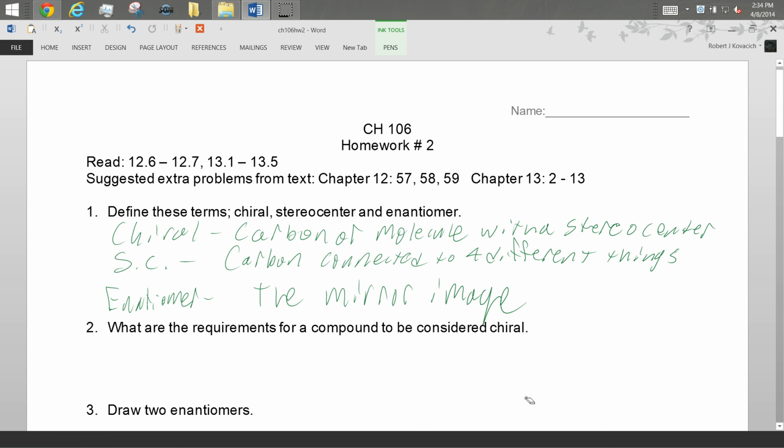So when a drug company goes to sell a drug and there's a stereocenter in the particular drug, what do they need to do? Make sure that it's not the opposite, that it's not a left hand. What'd you say? Separate them? They need to separate them, and then they need to do what with the two things that are separated?